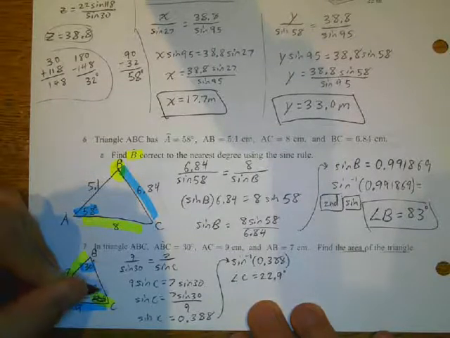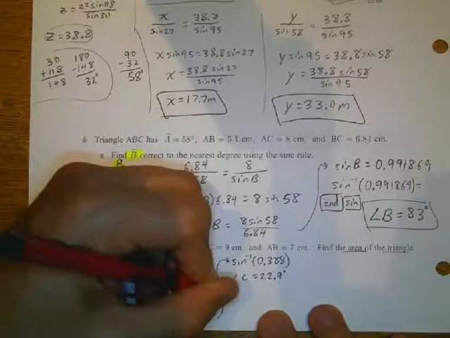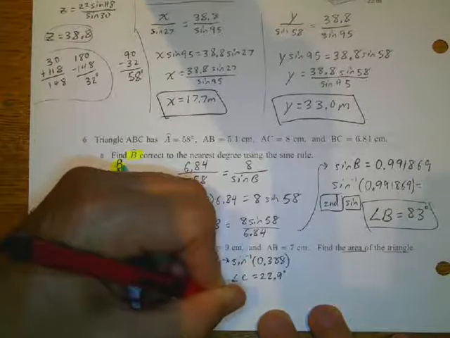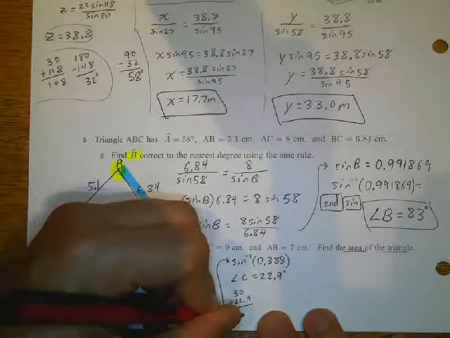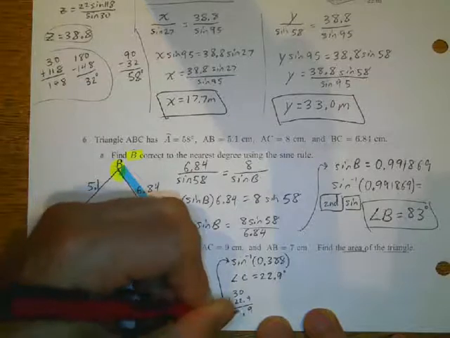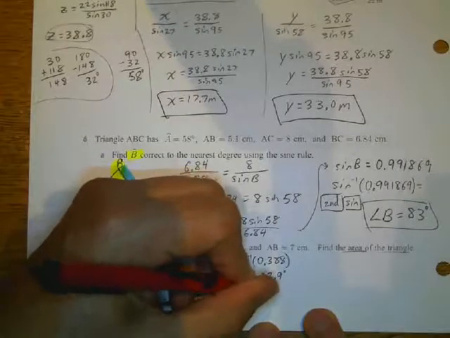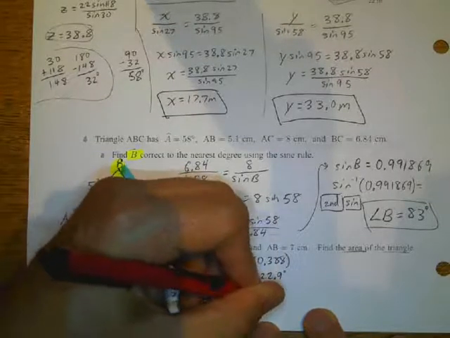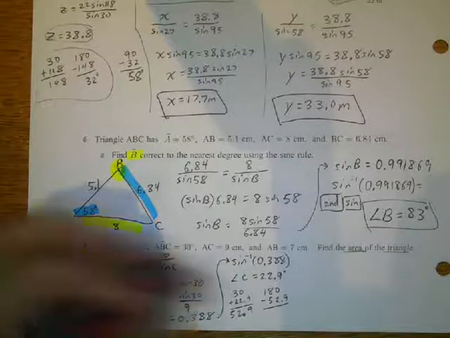Okay, so now that I know this is 22.9, I can figure out angle A. So I can say 30 plus 22.9 is going to give me 52.9, and then we do 180 minus 52.9, and we get angle A is 127 degrees, roughly.